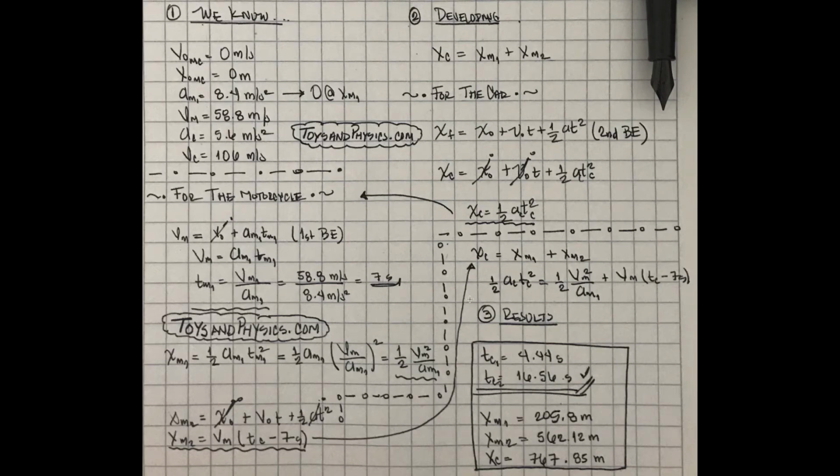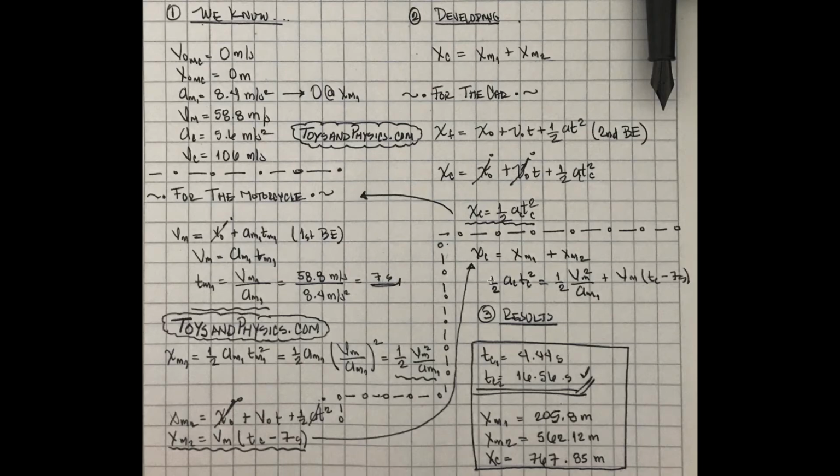If we follow this arrow here, XE is going to be 1/2 of the acceleration of the car multiplied by the time it takes the car to reach that final spot, squared, right?